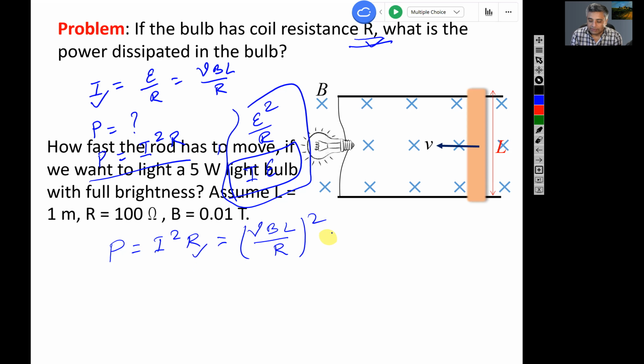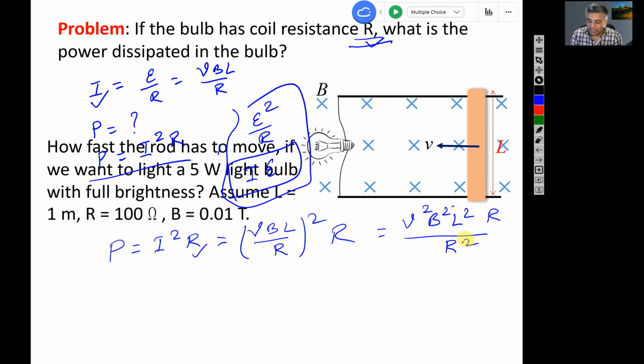v squared, B squared L squared times R over R squared. So one of the R's cancels actually, okay? Now if we want v, we can solve this one for v, right?